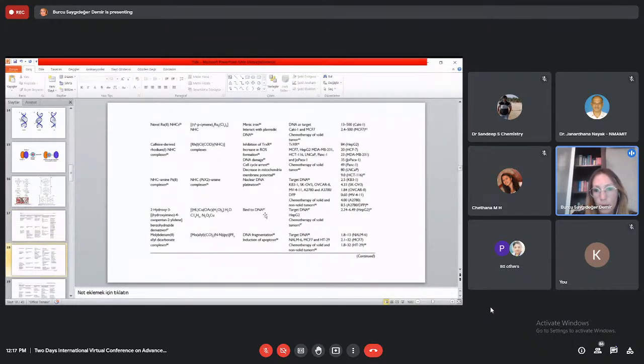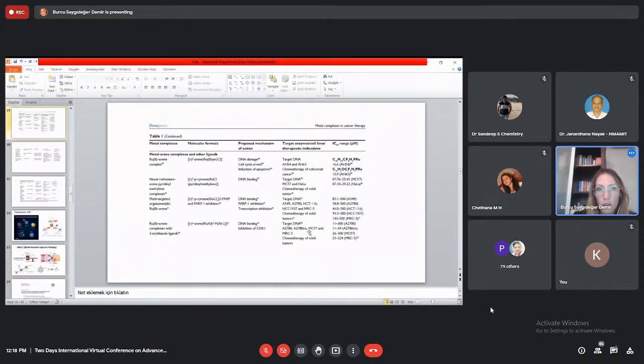The other examples, for example, caffeine-derived rhodium complexes, inhibit TrxR, and the cell lines, these codes, are cancer cell lines. They kill these cancers, I think. Yes.